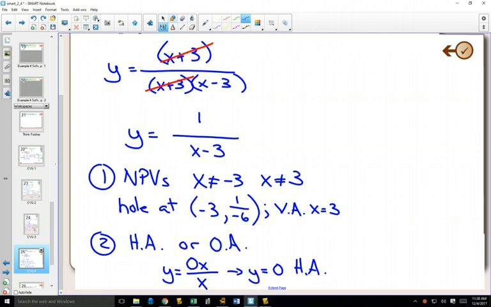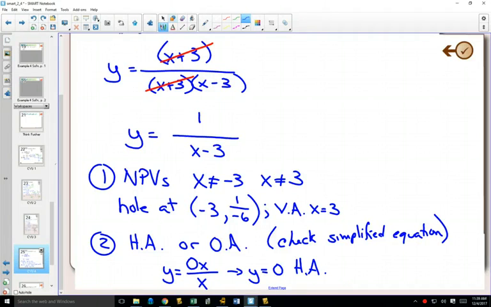So usually, in almost everything you've ever done with math, you always check your original equation. Okay? With your horizontal and oblique asymptotes, you're going to check your simplified equation.